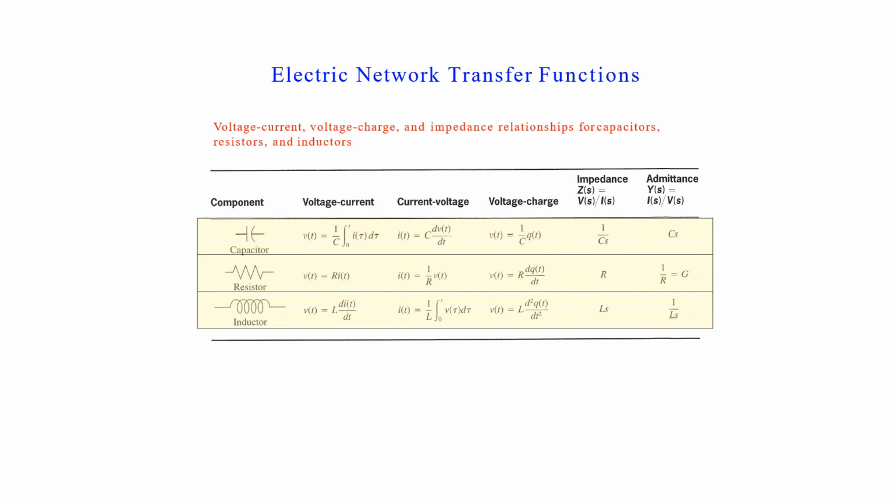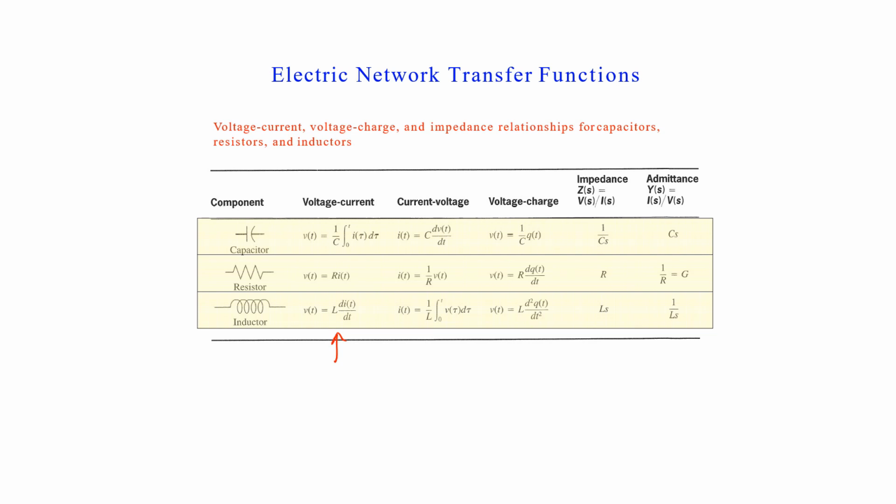There is another much simpler way to find the transfer function of electrical networks by first transforming the electrical network into the Laplace domain. We can do this by first transforming these voltage equations into the Laplace domain.